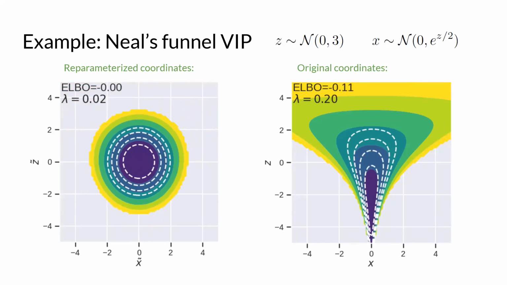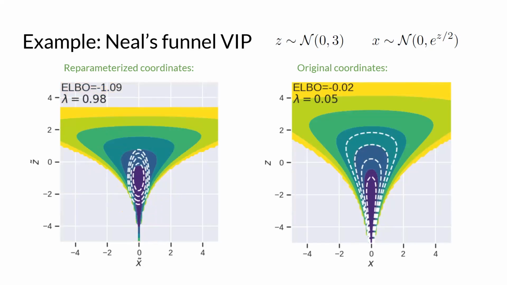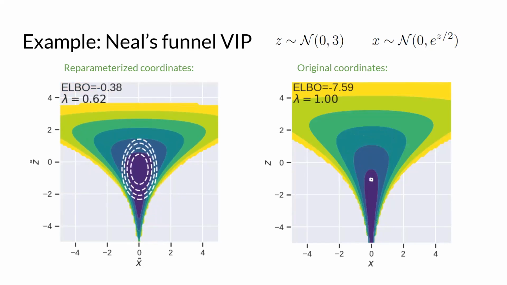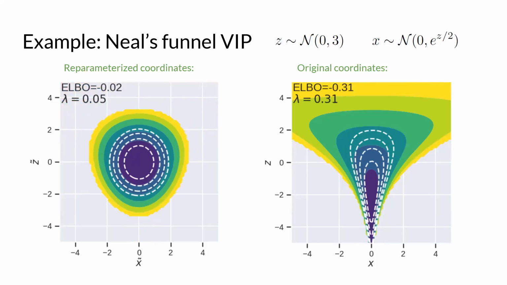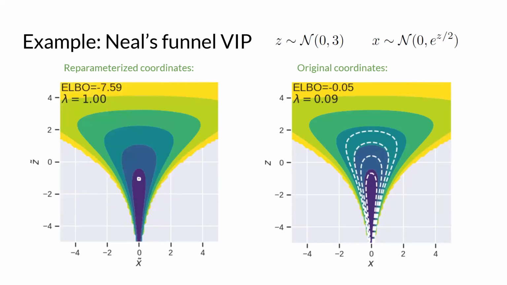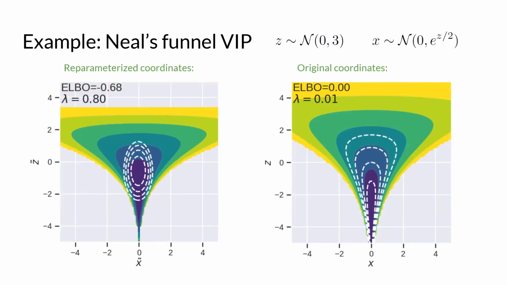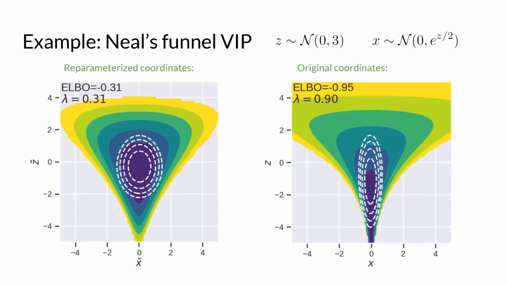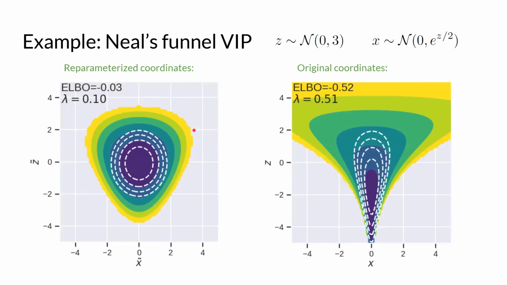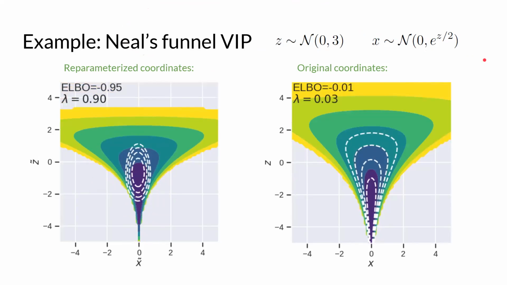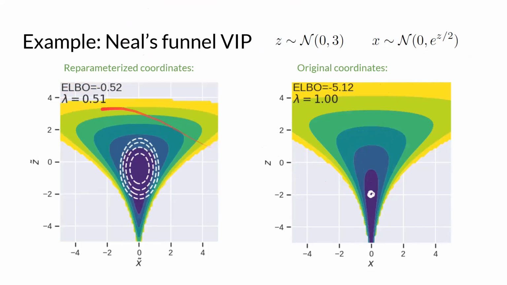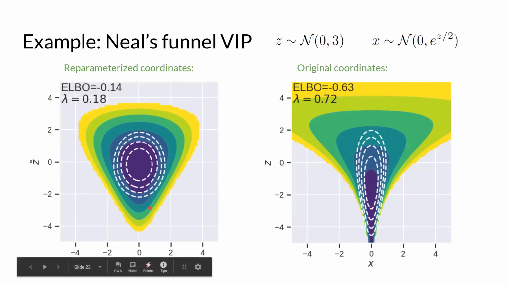So we do these two things jointly, and in this way we find some lambdas that define a parameterization that is, you know, at least a local minimum for this case. And that's what you see on the left hand side.